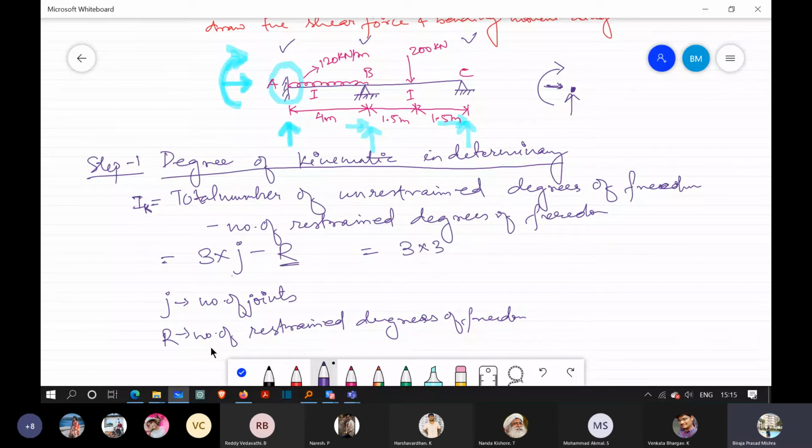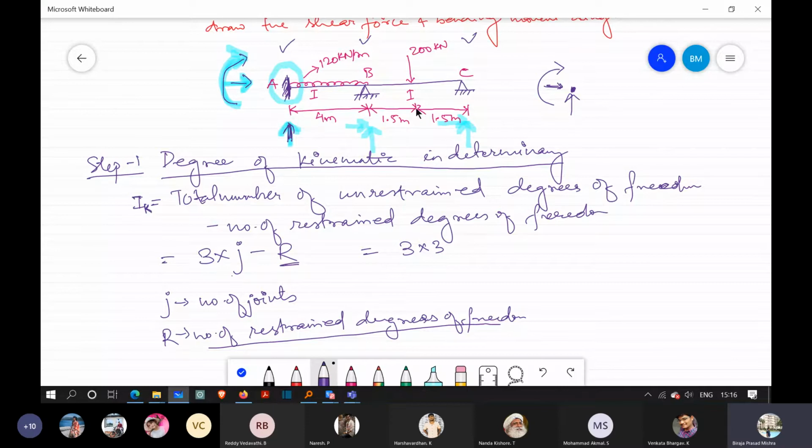Capital R is the number of restrained degrees of freedom, meaning the degrees of freedom where the displacement is restrained or restricted. Here, since this is a fixed end, we will not have any displacement in this direction, neither in this direction, nor any kind of rotation here. So here we have 3 restrained degrees of freedom.